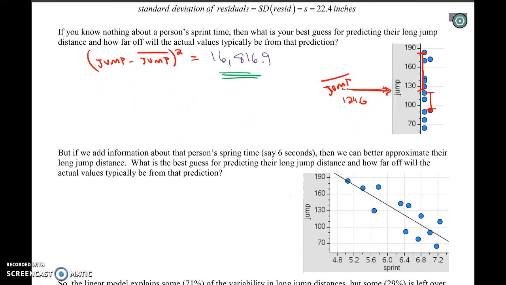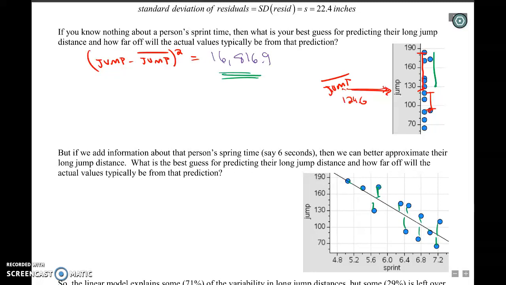Okay, so now let's actually do our regression model. Now we use sprint times to make our predictions. And instead of getting prediction errors like this, I only get prediction errors that are like this. So I have fewer errors in my prediction. So let's quantify how much leftover prediction error there still is.